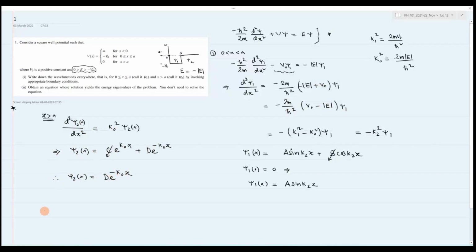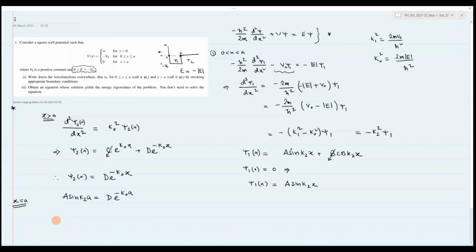Okay. Now let us put the boundary conditions at x equal to a. So at x equal to a, our psi should be continuous. So a sine k2a should be equal to d e to the power minus k0a. Everyone agrees?